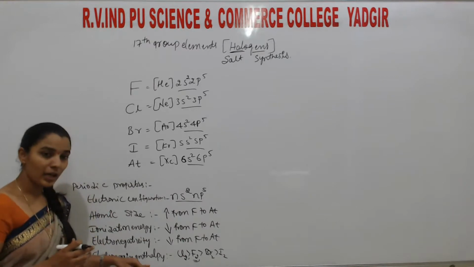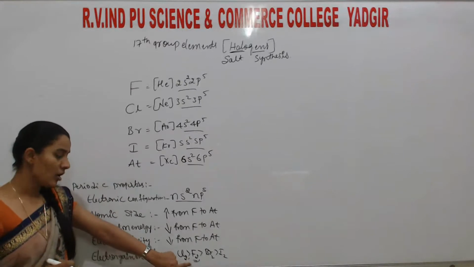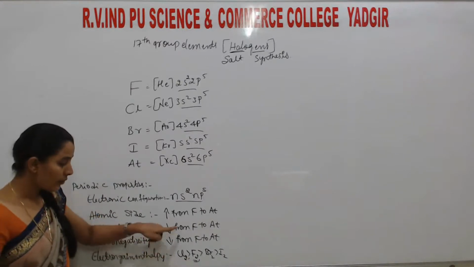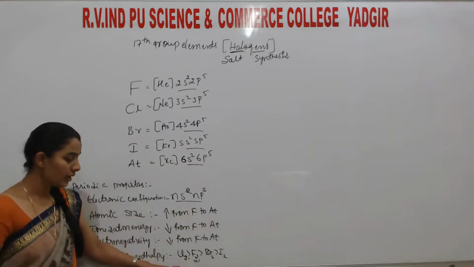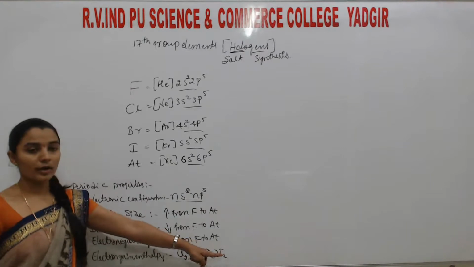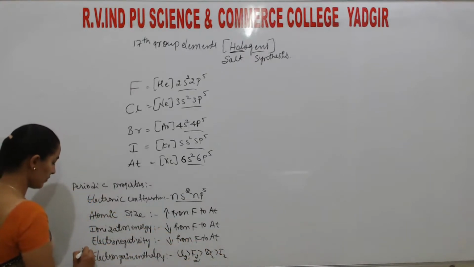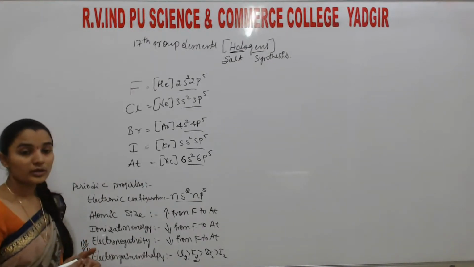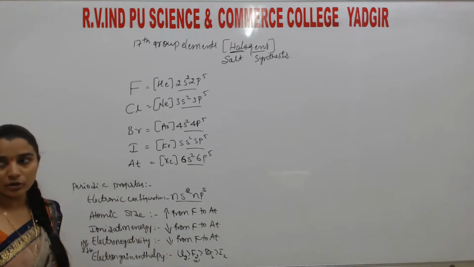Electron gain enthalpy is the energy released when an electron is added to the atom. So the trend normally follows from chlorine to astatine, but here chlorine is greater than fluorine, greater than bromine and iodine. Understand? This is very important. They always ask which halogen has the highest electron gain enthalpy.